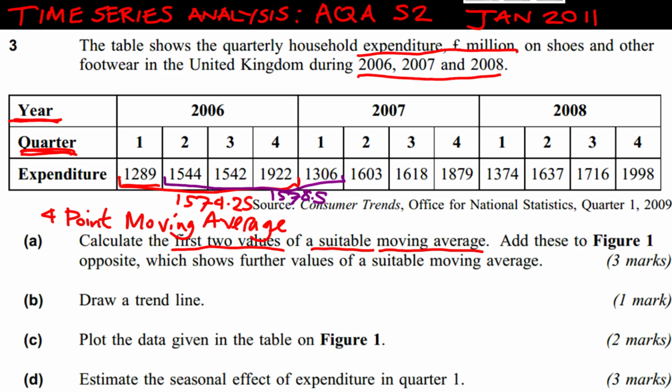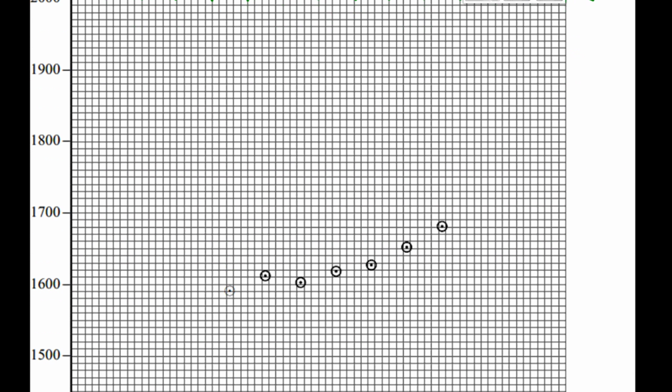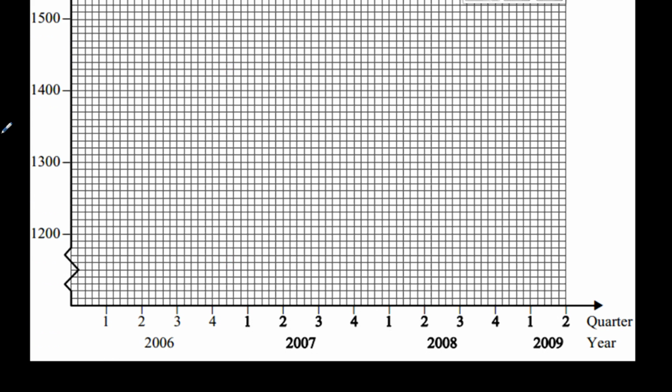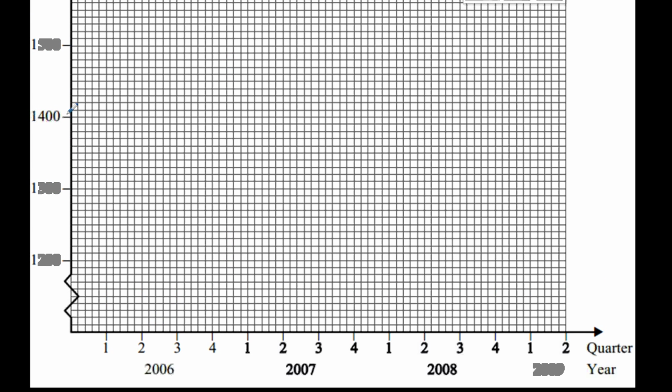So what the second part asks us to do is add these figures to figure 1. Let's have a quick look, and here is what we've got. I'll just demonstrate the first one because I think it's important that we get that in the right place.